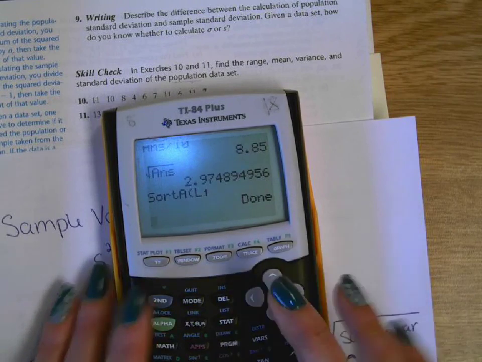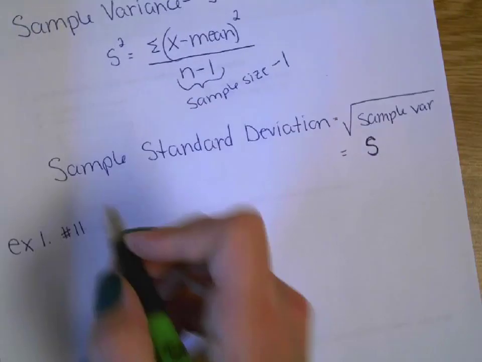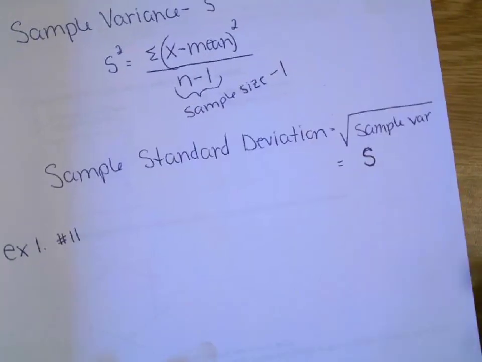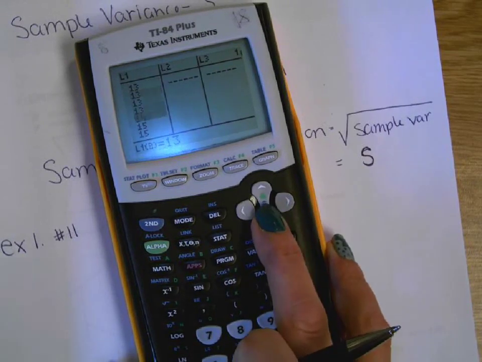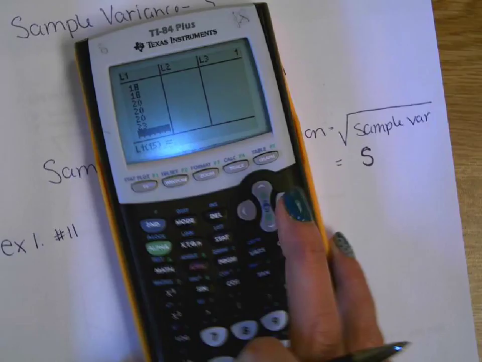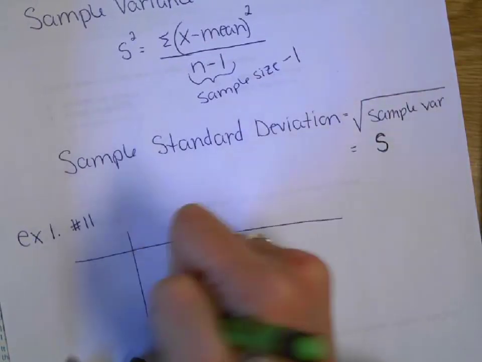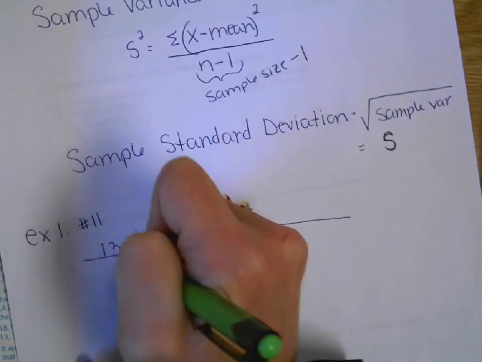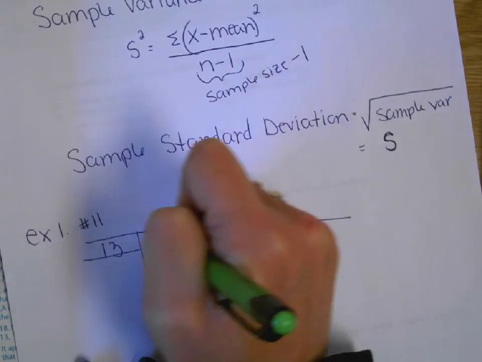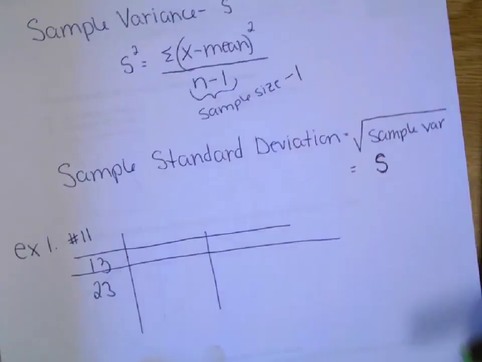Okay. So all I want you to do for homework now is give me the first and last numbers in your list. So stat, edit. Smallest was 13. Largest was 23. So we're going to make a little table: 13 and 23.